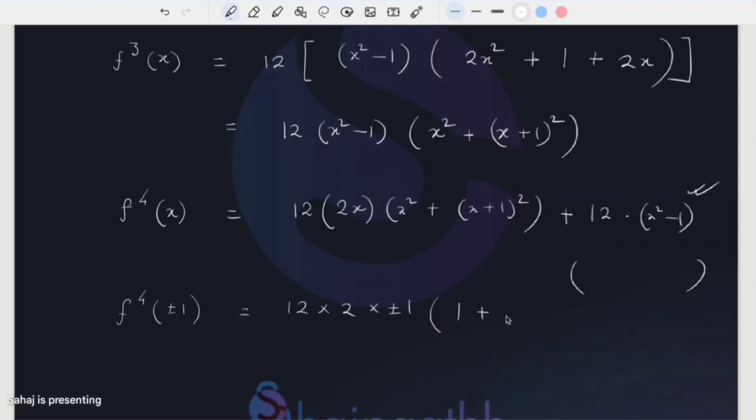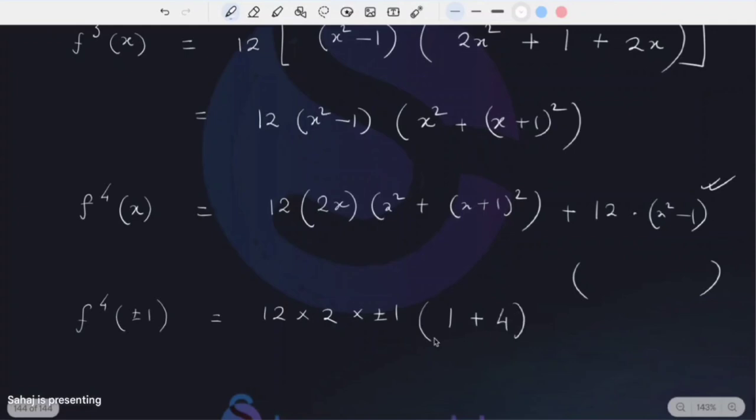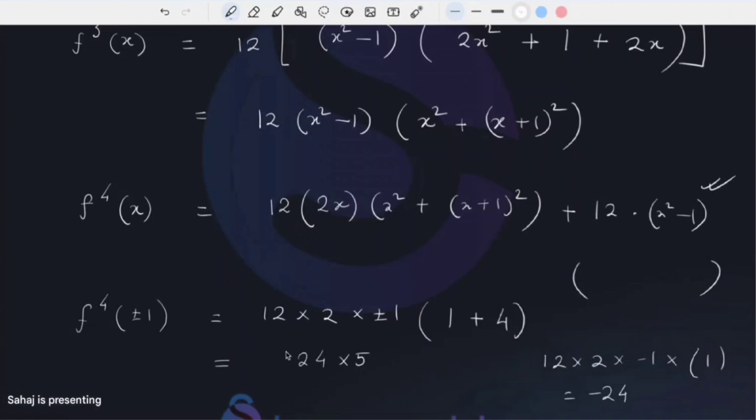Plus 2 minus 1 is 0. So 2 squared is 4. This is for the plus 1. So 24 into 5. And the other case is 12 into 2 into minus 1 into 1. So it's 120 minus 24.